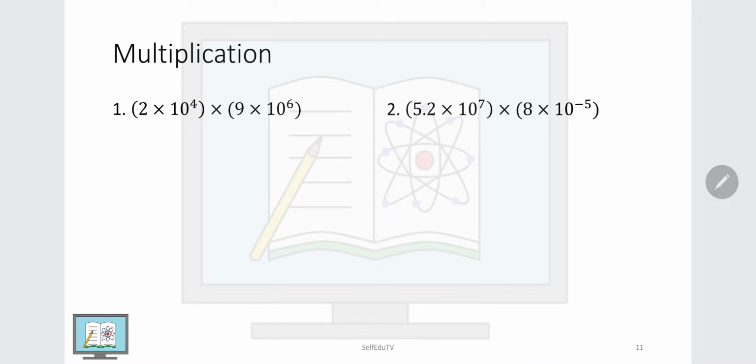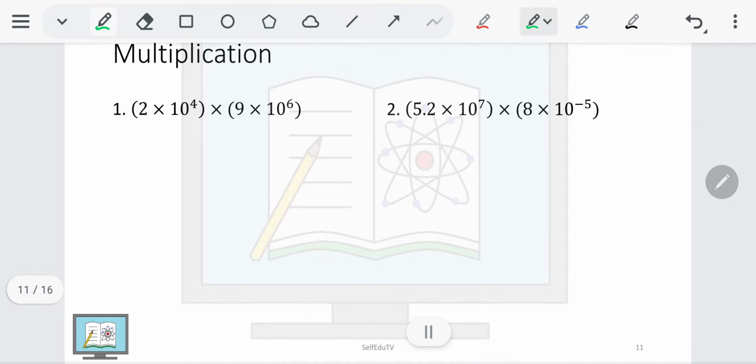How about multiplication? So multiplication is actually easier. So you just multiply 2 by 9. Then you multiply 10 to the power 4 by 10 to the power 6. So when you do that, 2 multiplied by 9, 18. 10 to the power 4 multiplied by 10 to the power 6, 10 to the power of 10.